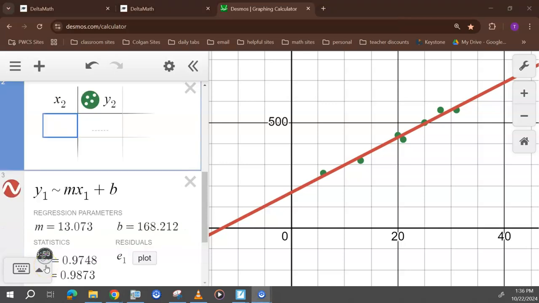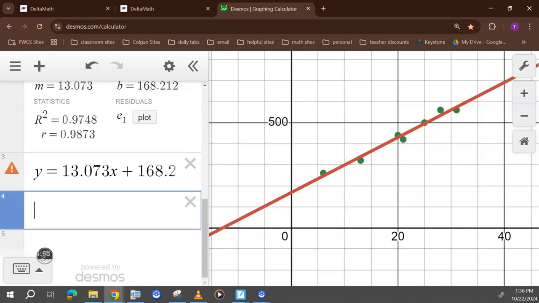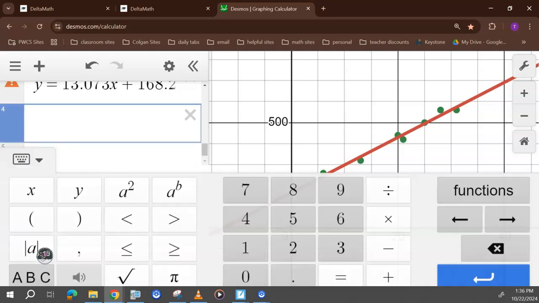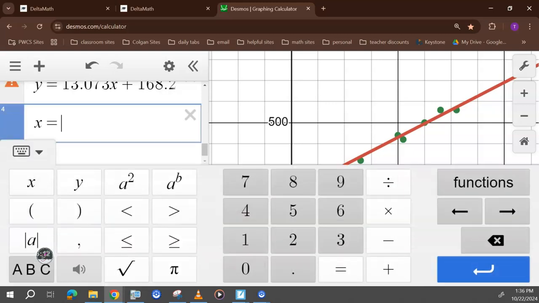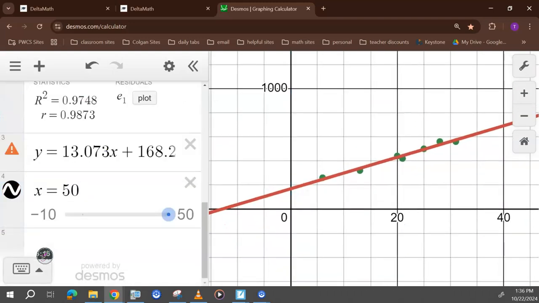I'm still on the example from this, but it'll work the same for that next example as well. So if I were to find some x value or some y value, let's say I wanted to find when x is 50, I would just type in x equals 50. And then I'm going to look for where those two lines cross.